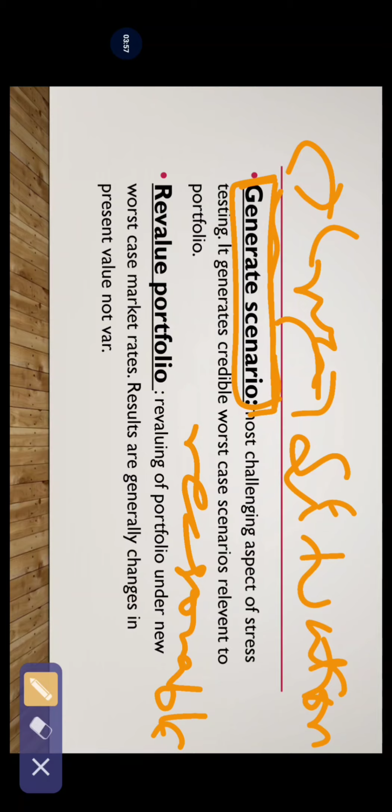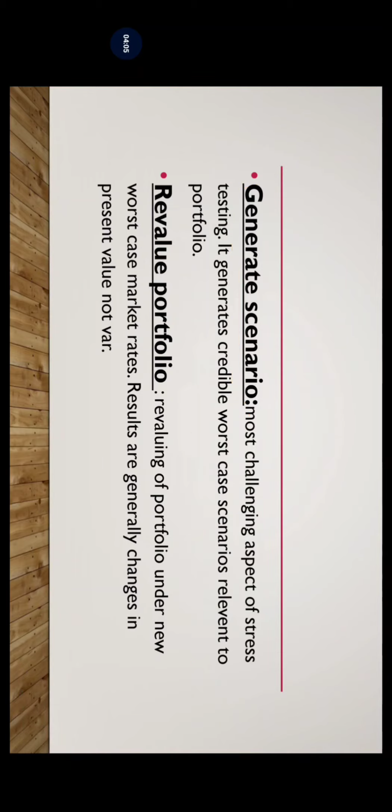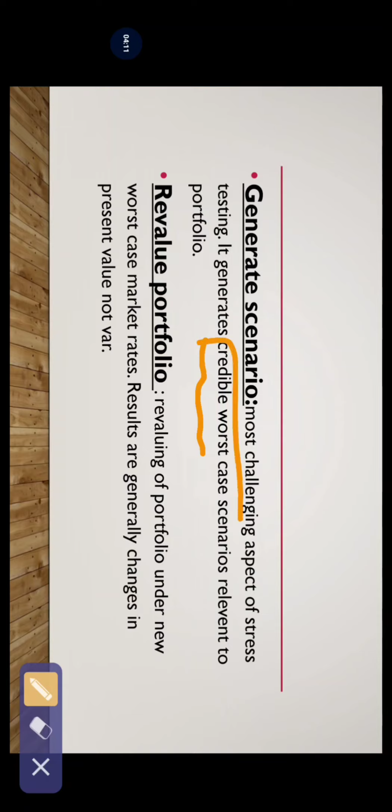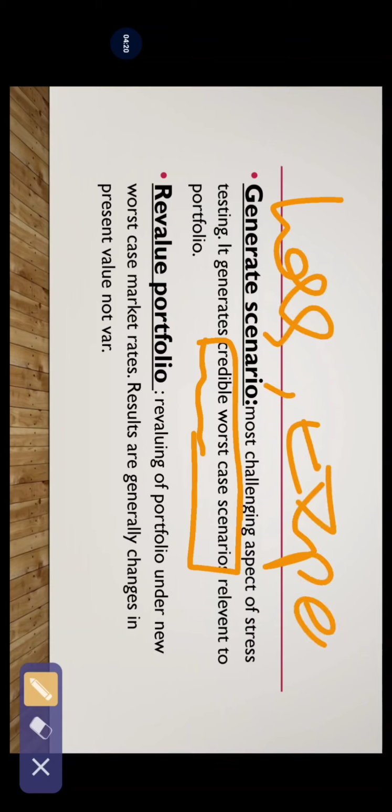What was the financial crisis which affected our portfolio and our company's earnings? So in simple terms, they are generating the worst case scenario. If our companies are facing losses, if we are not getting the expected returns, then what is that credible worst situation which has affected our portfolio?